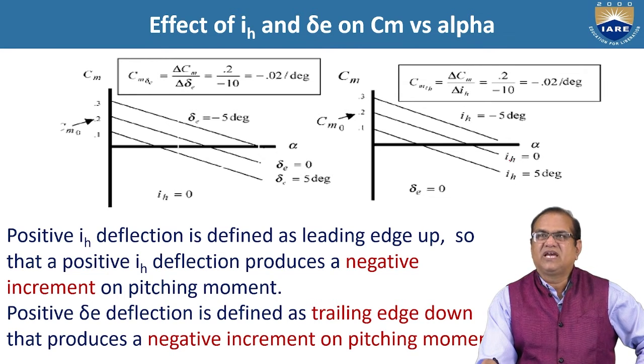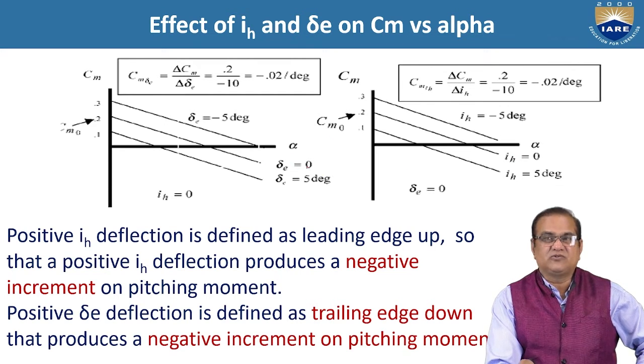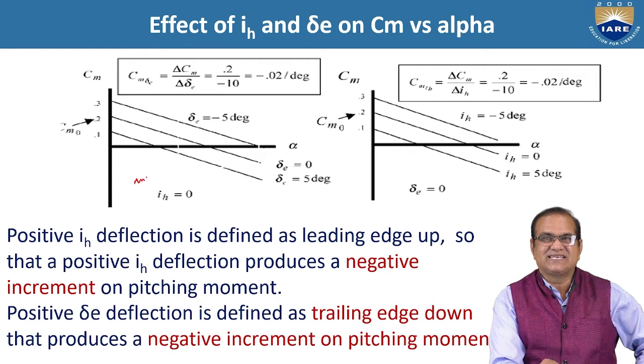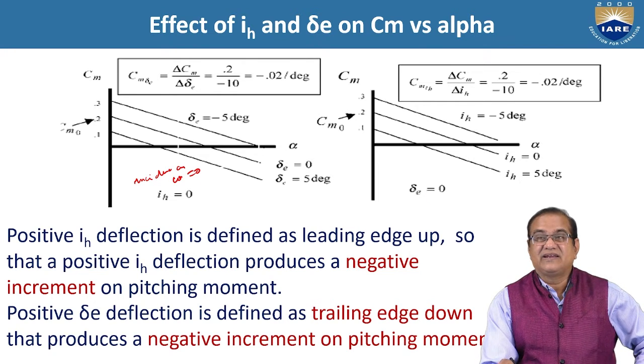In this, we can see delta E is equal to 0 and delta E is equal to 5 degrees here, and here IH is 0, means incidence angle is 0, and here deflection of elevator is 0.